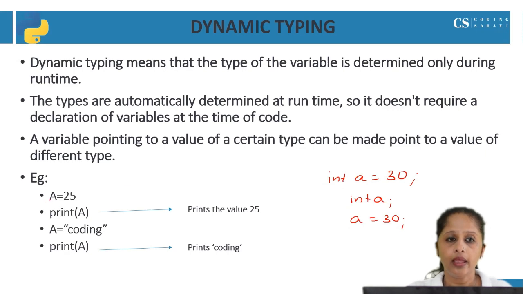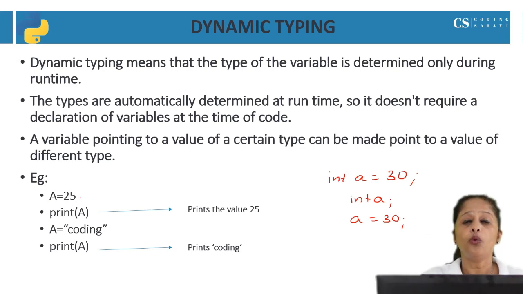This is possible. But in Python we write like this, a equal to 25. That is, the value 25 we are assigning to a, and that time only we are identifying a is of type integer. So while running the Python program, it identifies a is of type integer because it has an integer value.